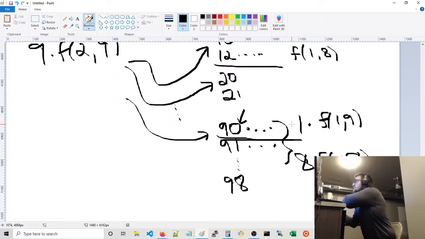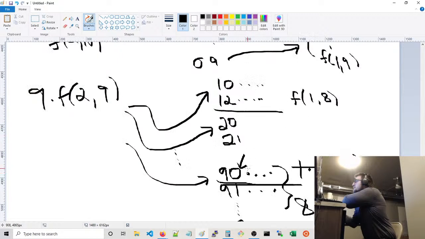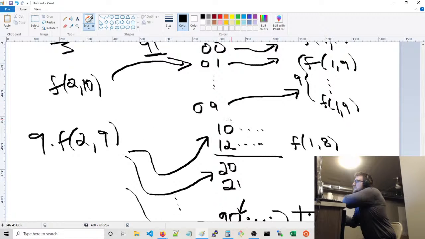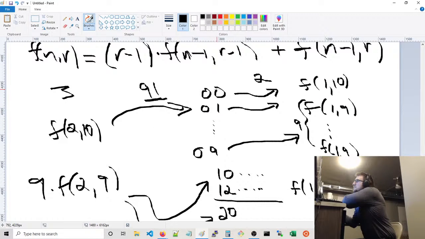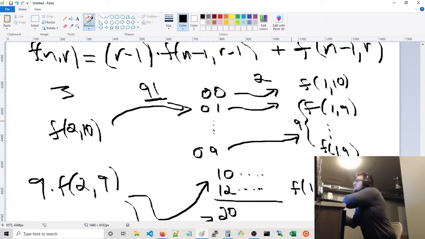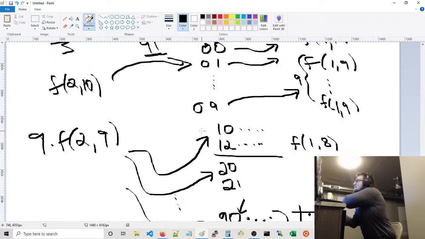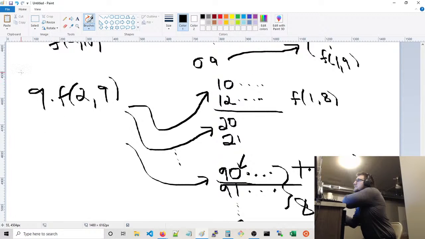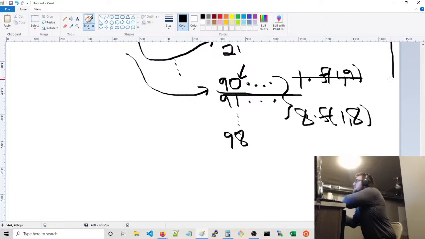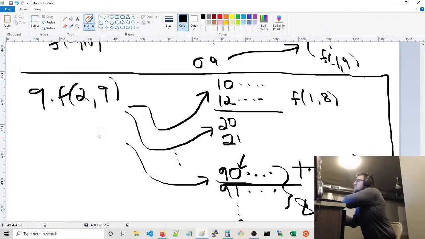So this is why this is wrong. You can't pick 0 again after this. Once you've picked something that's not a 0, from there on in, you are no longer choosing things for these 9 elements. It's actually not going to be f of 2, 9.